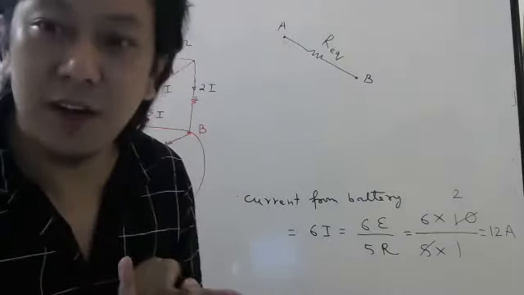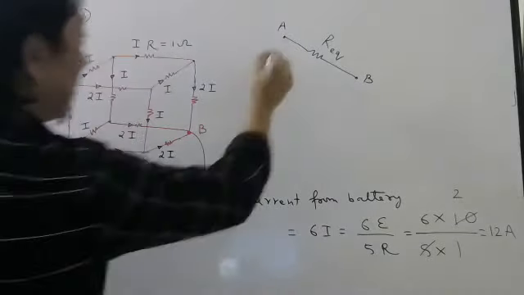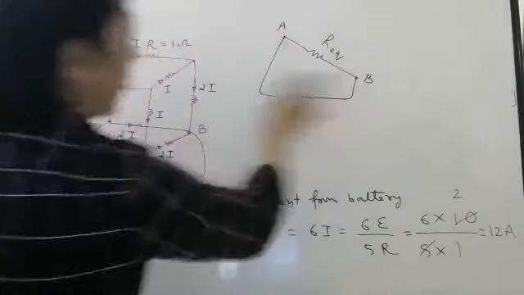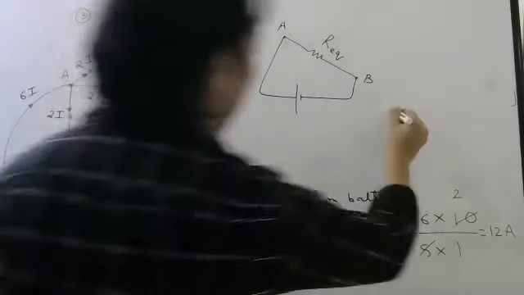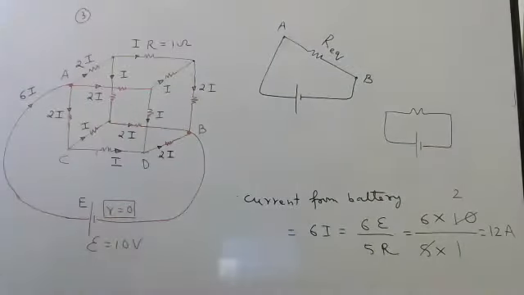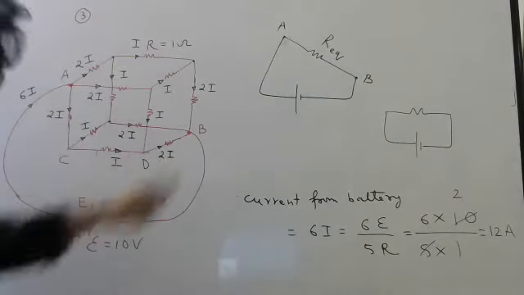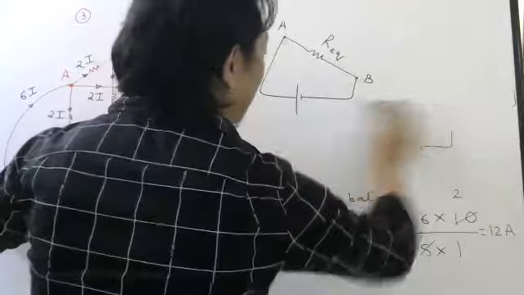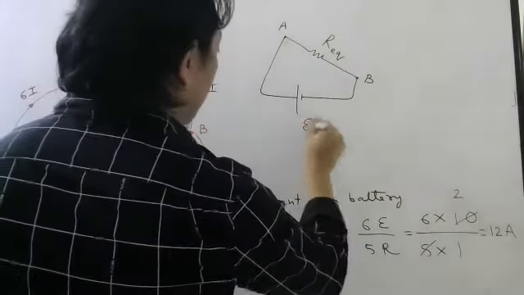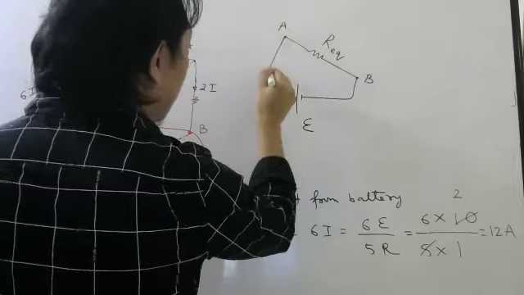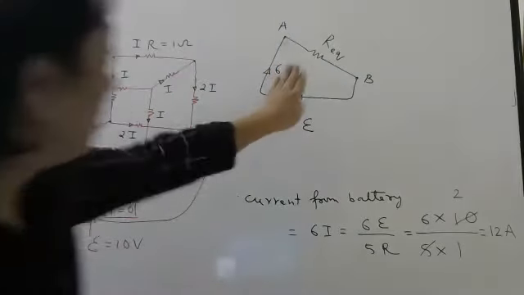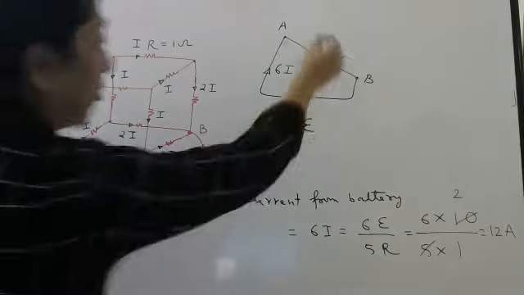That is why it is equivalent. So between A and B, if you put the same battery with the same EMF, the current flowing should remain the same, 6I.